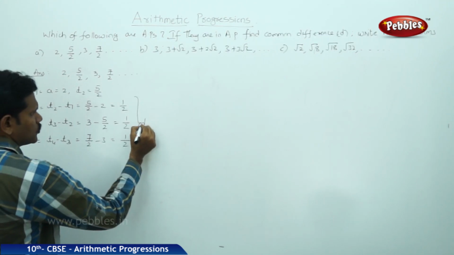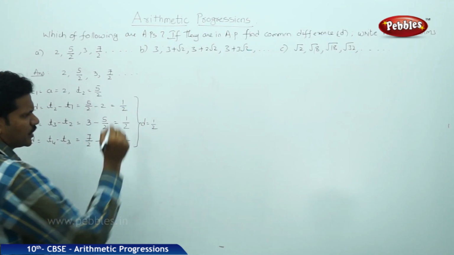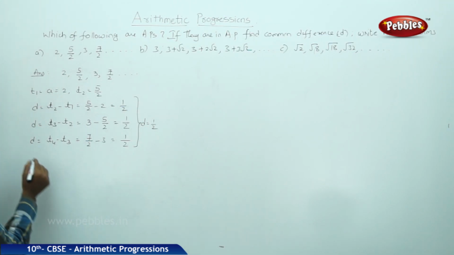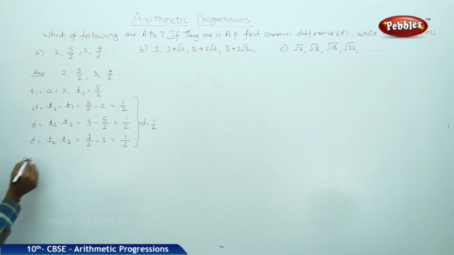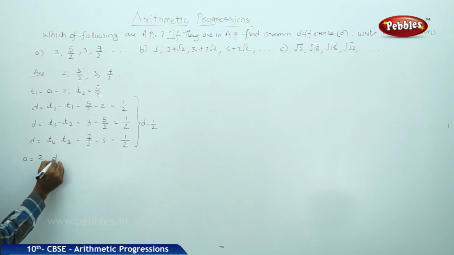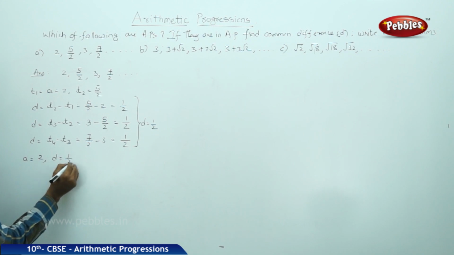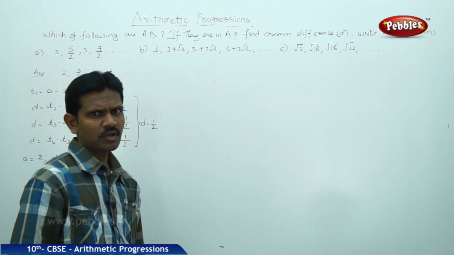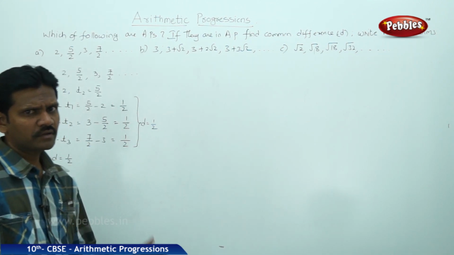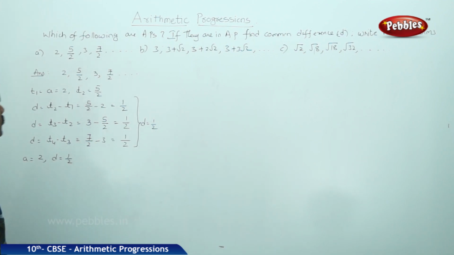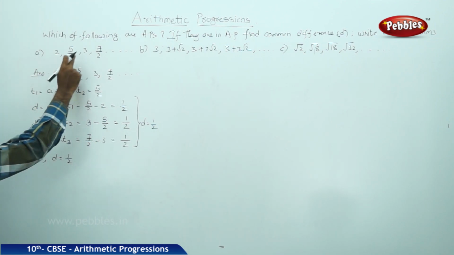Therefore, you conclude D is equal to 1 by 2. Now, the first term A is 2, common difference is 1 by 2. Now, what we have to find? Find the next 3 terms.